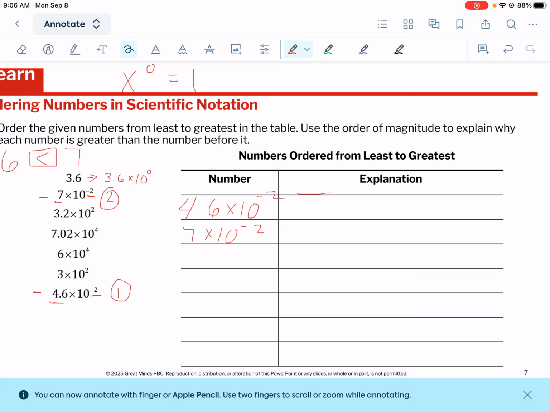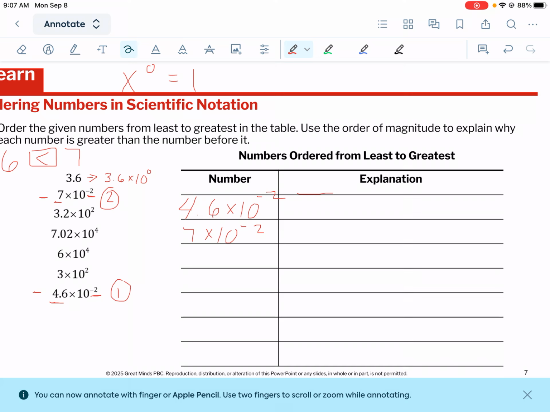For your explanation portion, for the first one, you would say that 4.6 is less than 7. That's why it's in that position, because 4.6 is less than 7. For the 7 times 10 to the negative 2, your explanation would be that though the exponents are both the same, negative 2, 7 is greater than 4.6.